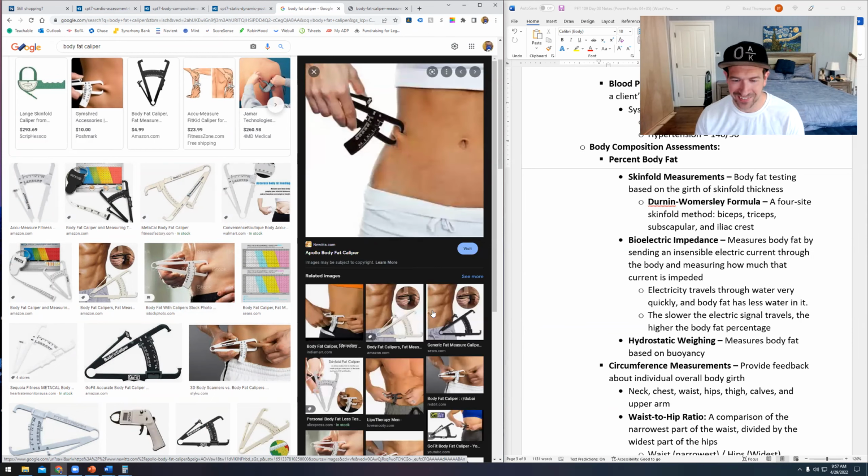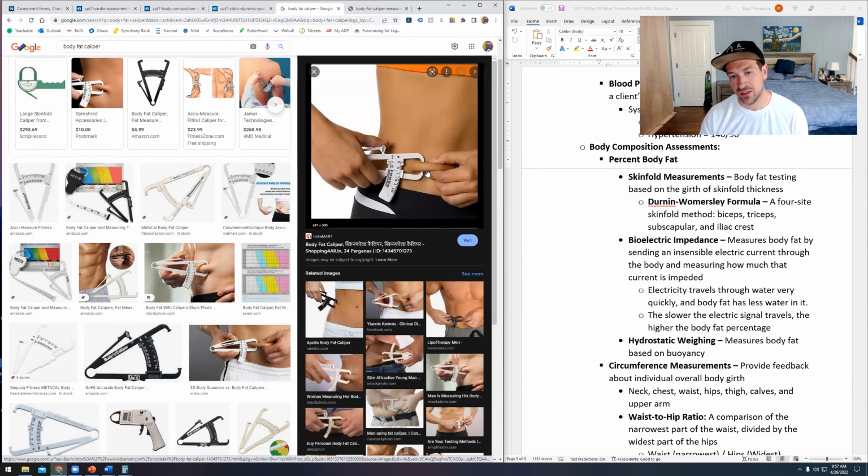Wrong. Not only are those in the wrong spots, they are also just grabbing the body directly, which means that you are not getting an accurate readout. What you need to do is grab the skin, and then you are pinching whatever you grabbed. So you are separating a fold from the body and then pinching that fold.